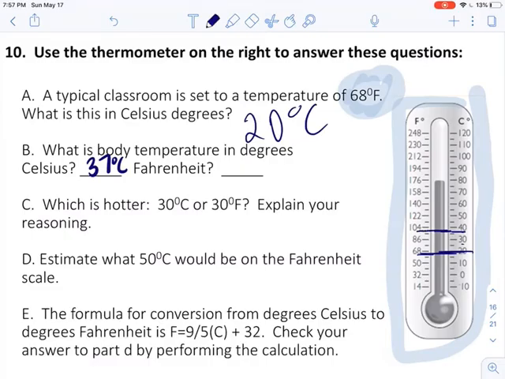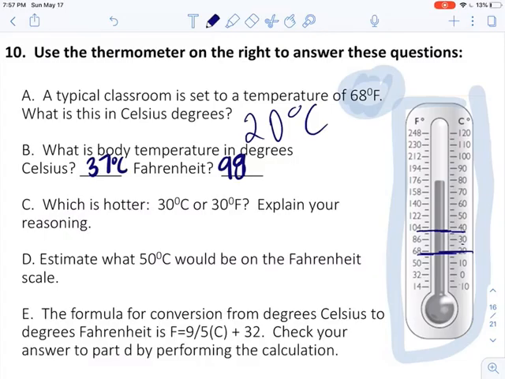So maybe about 95 degrees, or I think it's closer to 97. Maybe you know Fahrenheit better, and it might be closer to 98 or so. So we can convert from one to the other.